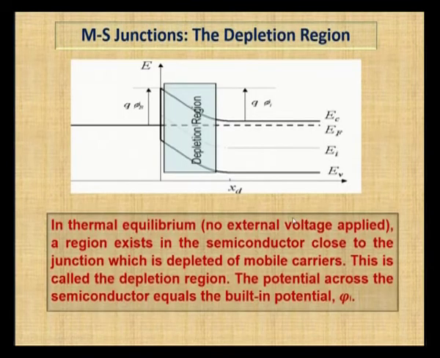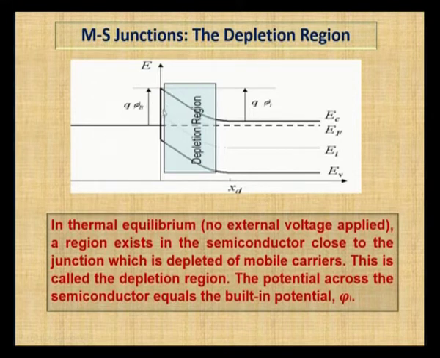Next, due to the formation of a Fermi level in the equilibrium condition, we also observe one more thing, the depletion region formation. The flat band is now bent due to the diffusion process of electron movement from the n type to the metal, or if it is p type, the holes will want to move.